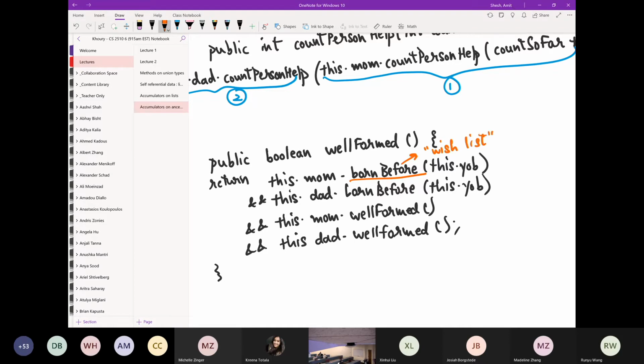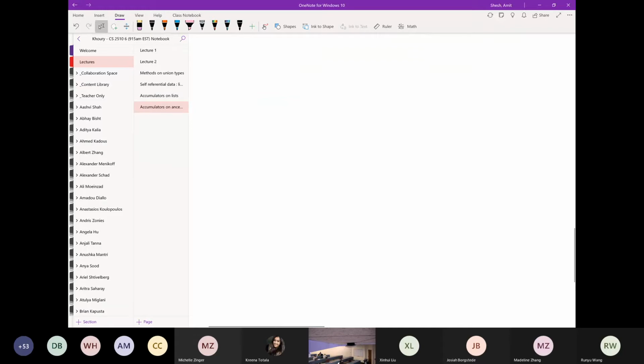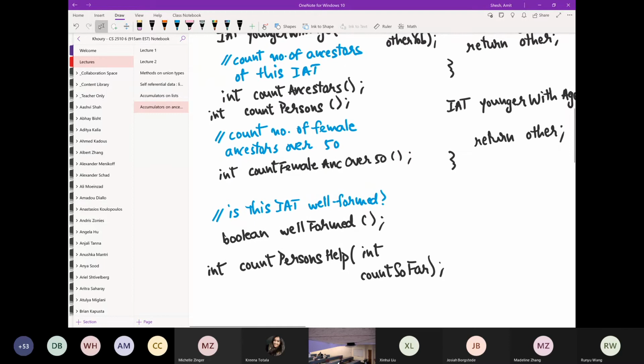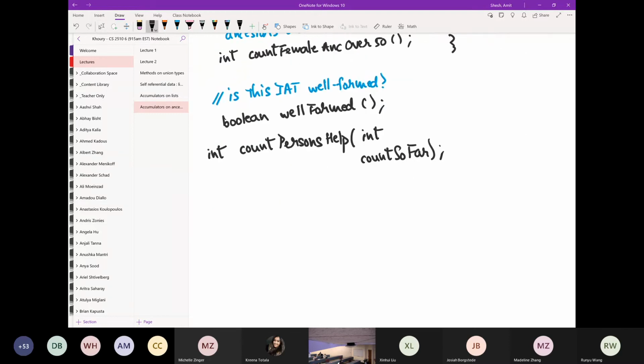These are part of the wish lists. Okay? So let's finish them off. We write it in the interface, Boolean born before a given year of birth. Okay?